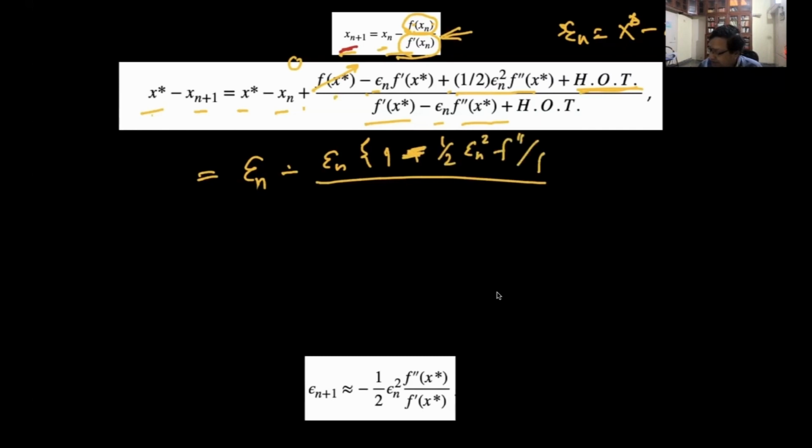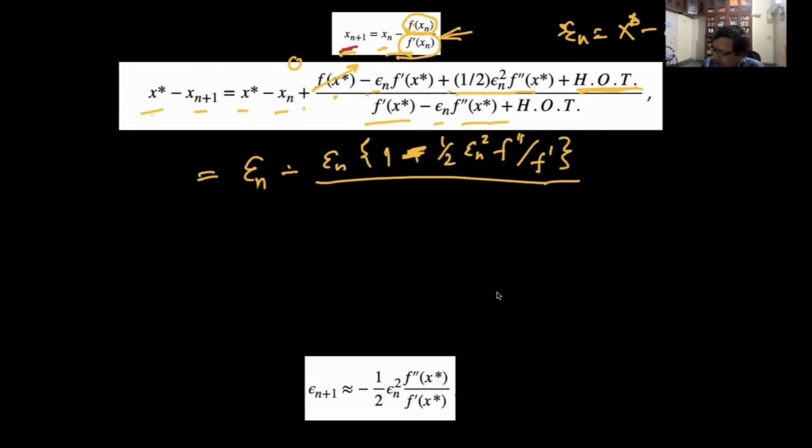So we get epsilon n, and I'm going to take epsilon out from the top and divide by f prime, numerator and denominator. So this becomes 1 minus half epsilon squared f double prime divided by f prime, and ignore the higher order terms.